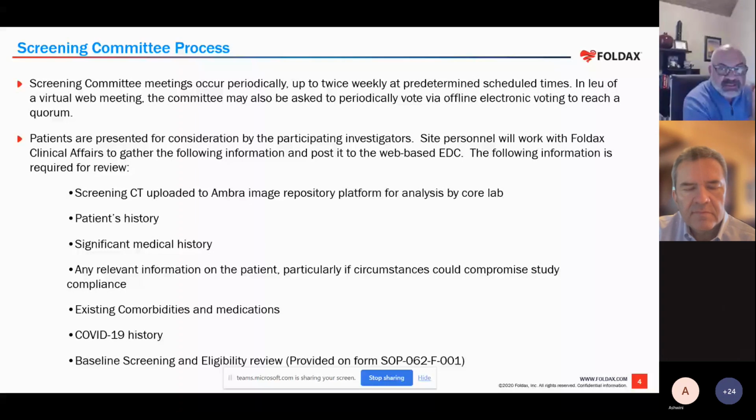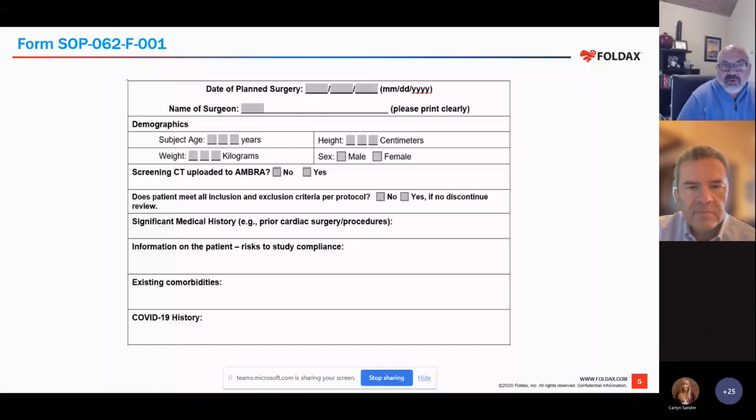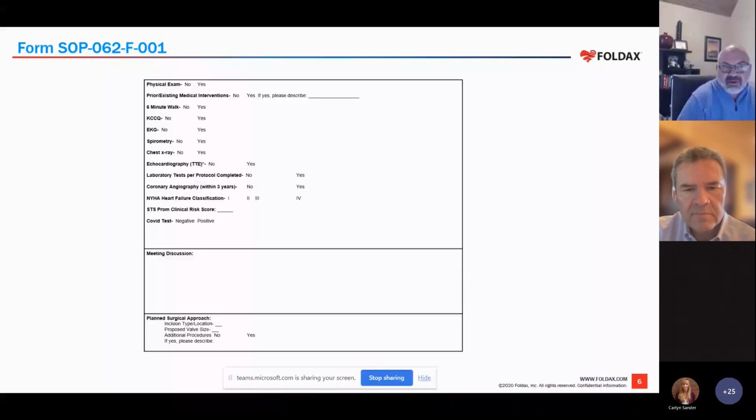But it all starts with uploading a CT to Ombra, along with the other patient history and medical history info I have listed here, which goes through this evaluation review form. You can see the check boxes are pretty straightforward, looking at a whole lot of things like 6-minute walk, KCCQ, spirometry, chest X-ray. Big ones are, of course, coronary angiography in the last 3 years, New York Heart classification, and echocardiogram.